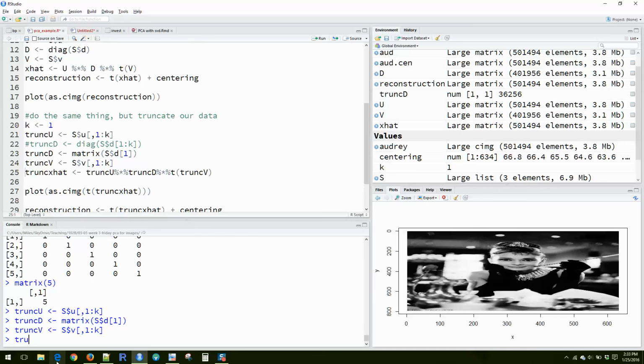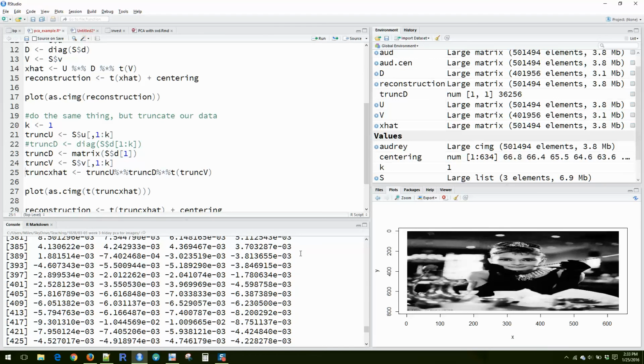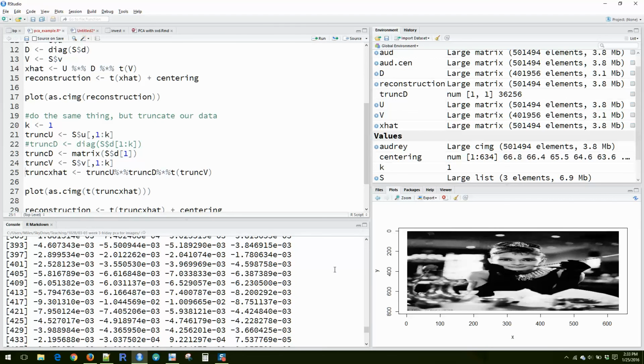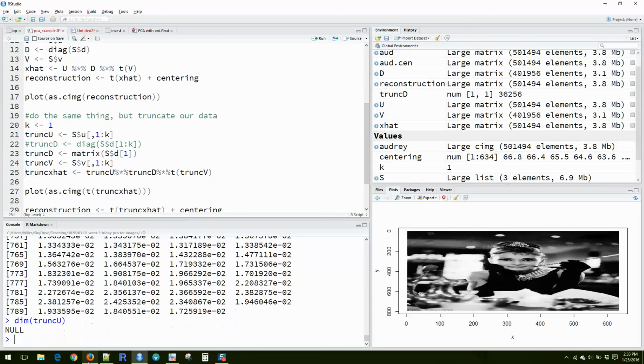So if I ask what's trunc U, it's just a single column. It's reduced it to a vector, okay? So this is just a vector, and this is a single matrix, and this is a vector here, okay?